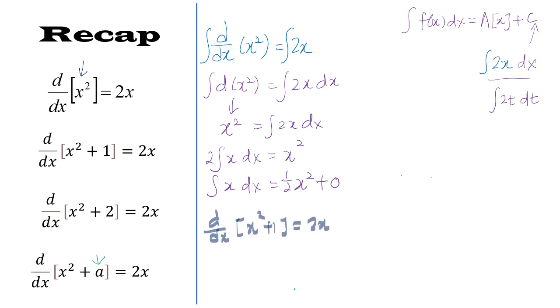Right, so we do the same process as what we have done earlier. We add the integration sign to both sides. Okay, and we shift dx over. Likewise, when we differentiate x squared plus 1 and you integrate it, what you're getting is just x squared plus 1.